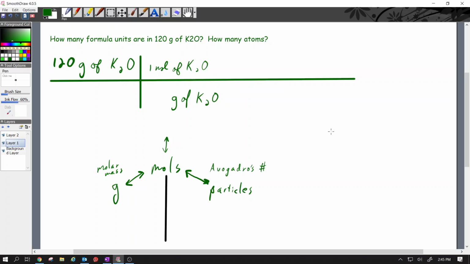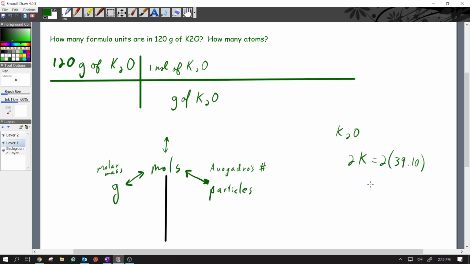What I'm going to do is look at the periodic table, and I'm going to say, hey, in K2O, I have 2 atoms of potassium, which is equal to 2 times, someone look and tell me, just do 2 decimal places, so what do I get? 39.10, okay.